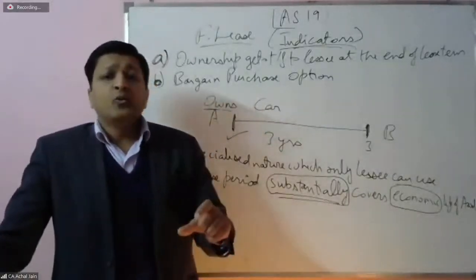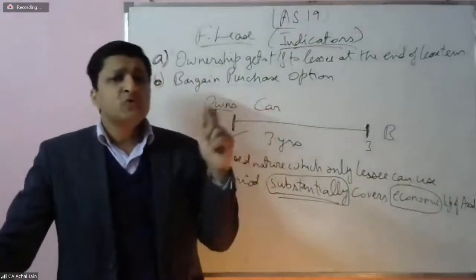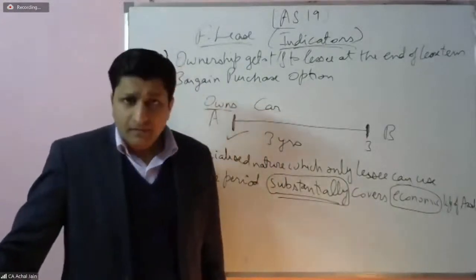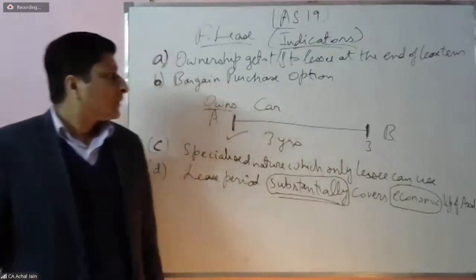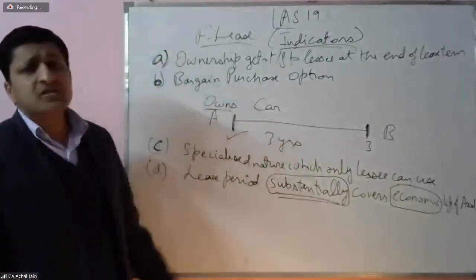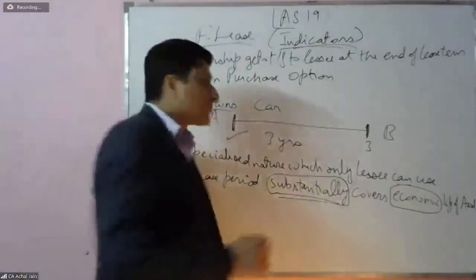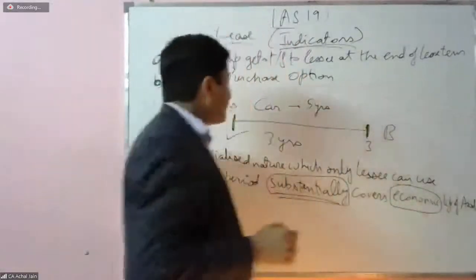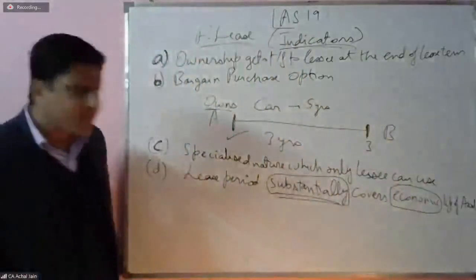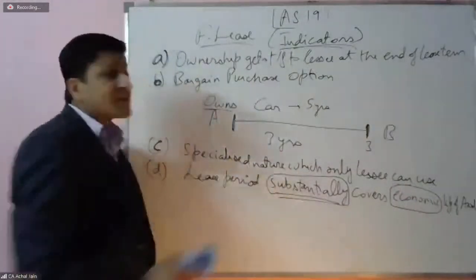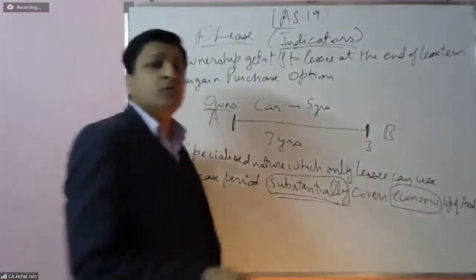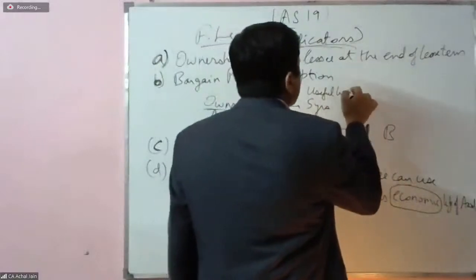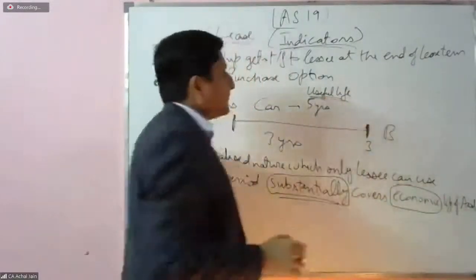First of all, we need to understand the difference between useful life and economic life. Car. A may plan to use this car for 5 years. If A plans to use this car for 5 years, what is this 5 years called? Useful life. This will be called useful life.